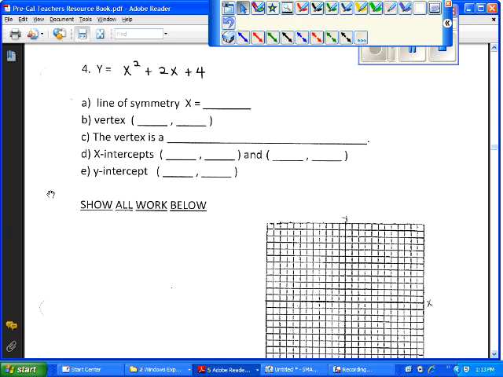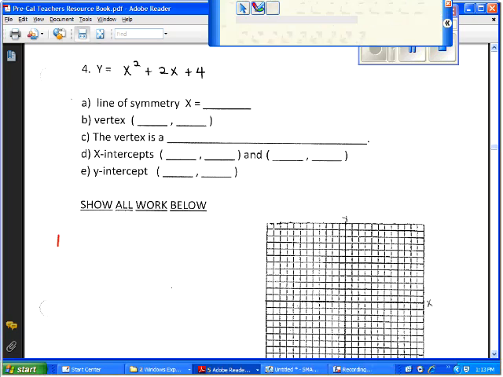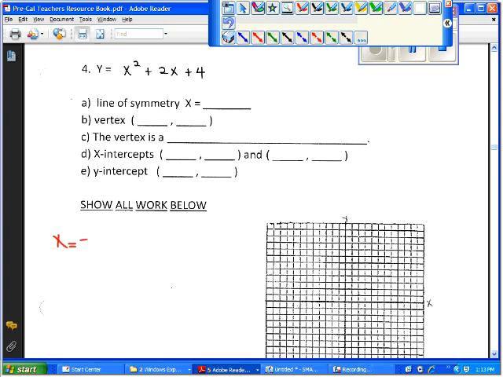Number 4, to find the line of symmetry, we use the formula x is equal to the opposite of b over 2a. The b was a 2, so negative 2 over 2 times my a of 1. Understand that? And so we have negative 2 over 2, which is negative 1, same as we had last time.